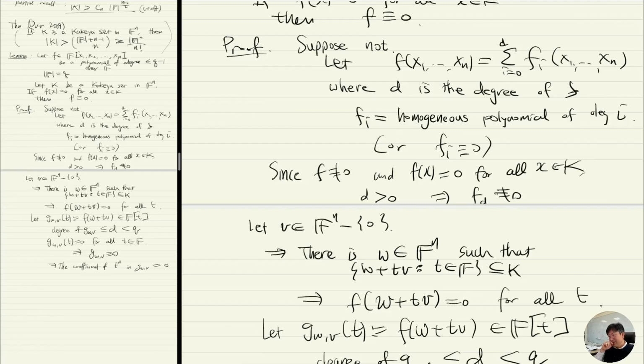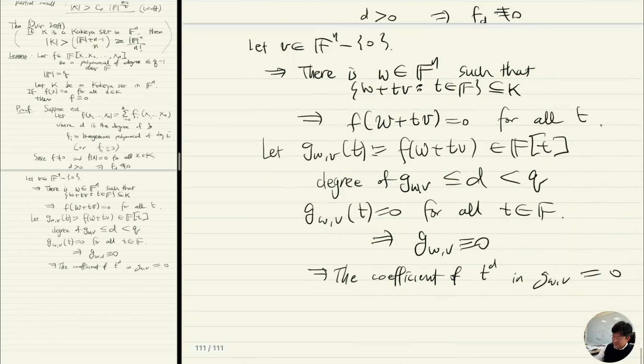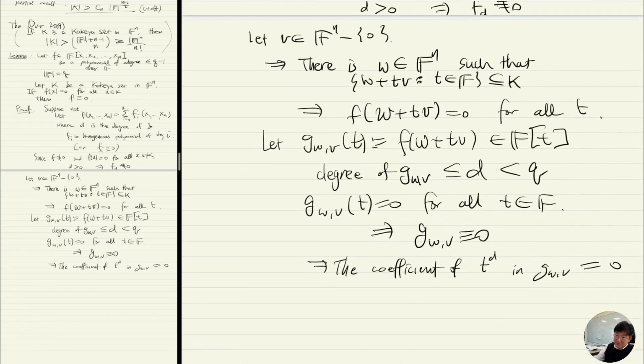And the coefficient of t to the d, what is that? If I want the coefficient of t to the d, then I can put w to be 0 and t to be 1 and put v. And I'm interested in d.